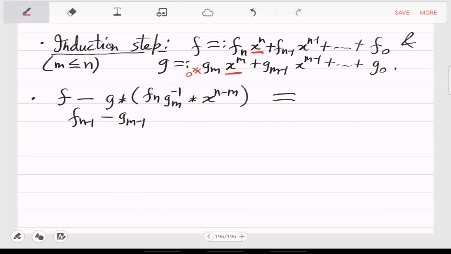So what I should do is f minus g times u times x to the n minus m. The constant thing I call u, and then I can write in terms of u. So it will be this times u times, what is the x part? N minus 1.